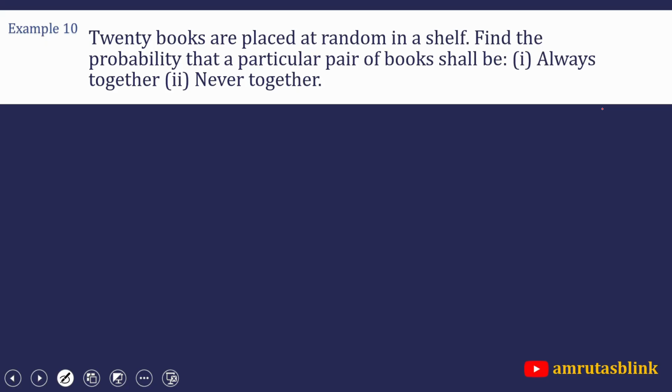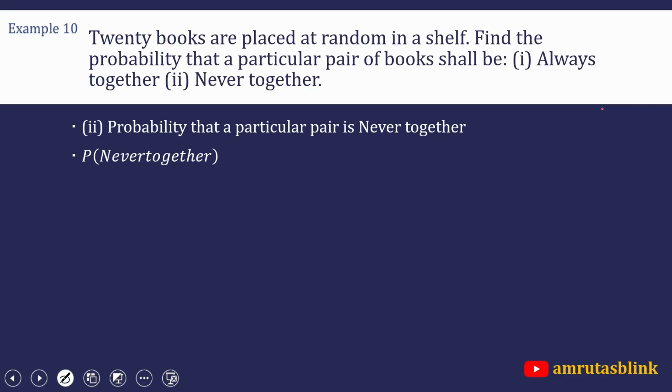Now we will calculate the probability for the second case, that is, this particular pair of books is never together. So the probability that a particular pair is never together. Now we will calculate this probability in a reverse way. So the probability of never together is equal to 1 minus the probability that these books are always together.